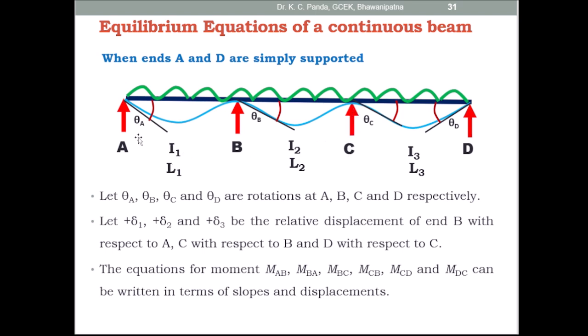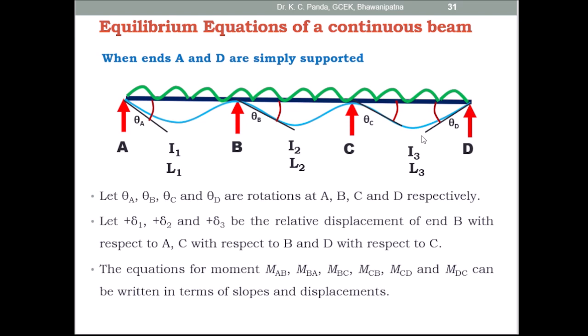I1 L1 is the moment of inertia and length of the span AB, I2 L2 is the moment of inertia and length of span BC, and I3 L3 is the moment of inertia and length of span CD. So these are the rotations: at A theta A, at B theta B, at C theta C, and at D theta D. So here there are 4 rotations.